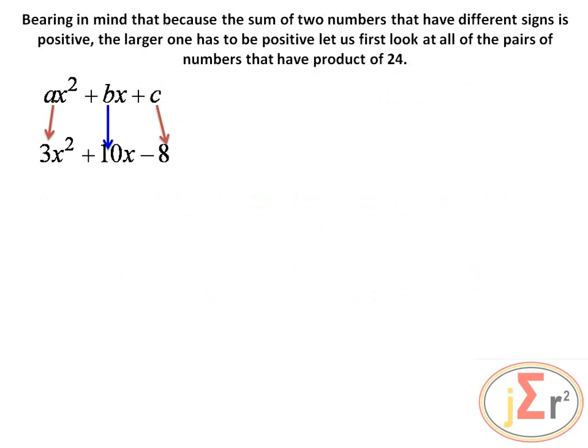Bearing in mind that because the sum of the two numbers that have different signs is positive, the larger one has to be positive. Let us first look at all of the pairs of numbers that have a product of 24.